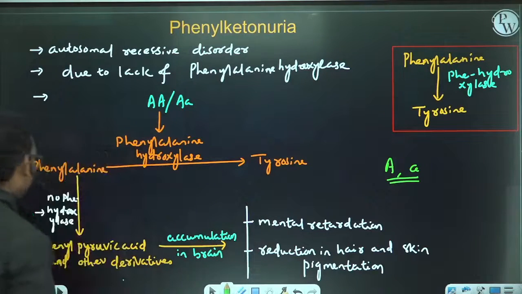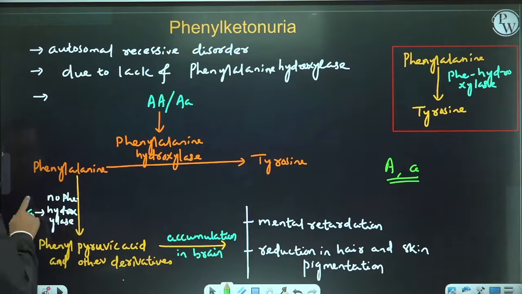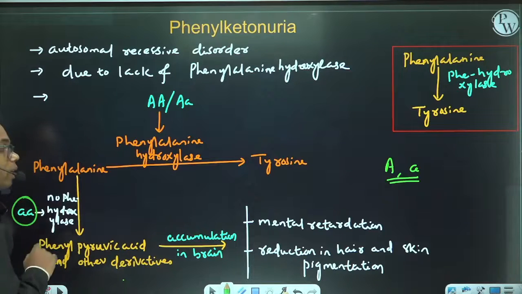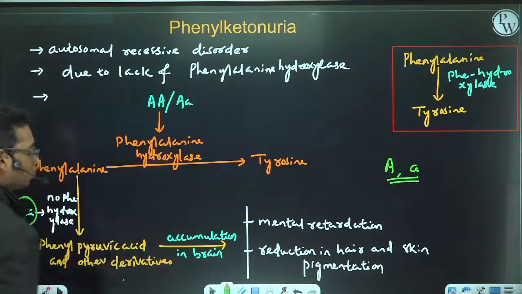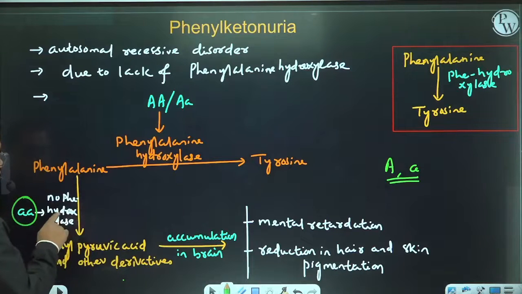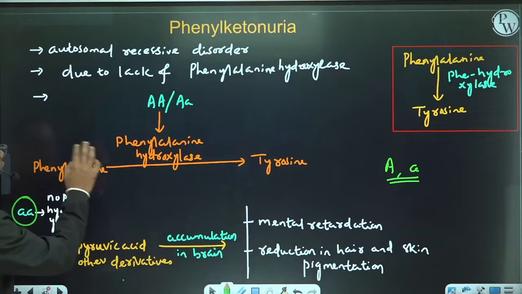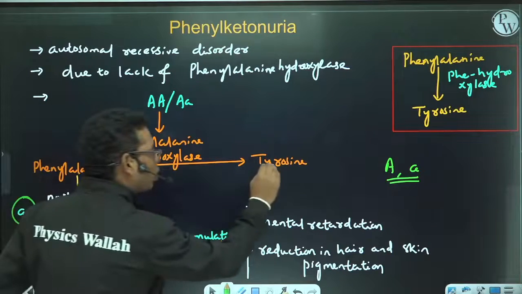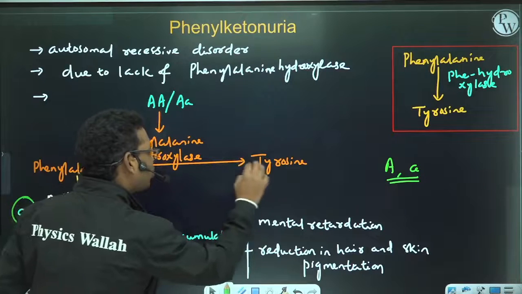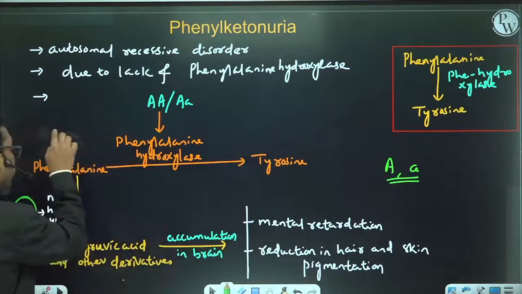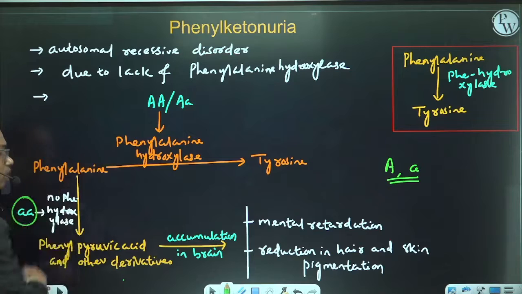But if the individual is small a small a, this enzyme will not be produced. So no phenylalanine hydroxylase is produced, this reaction will not take place, and there will be accumulation of phenylalanine.